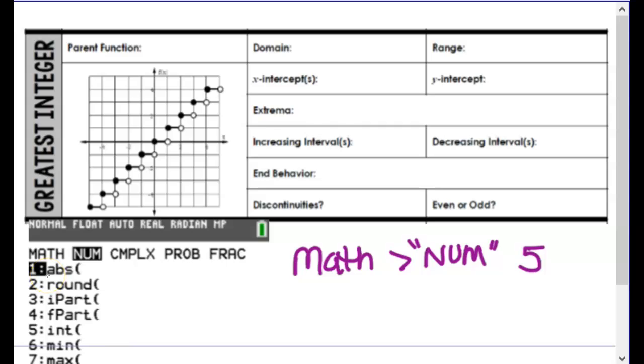Absolute value is number 1, if you ever need that. And number 5 is the greatest integer function.